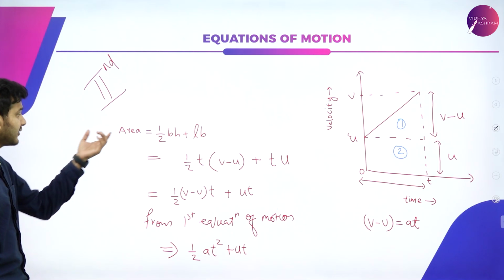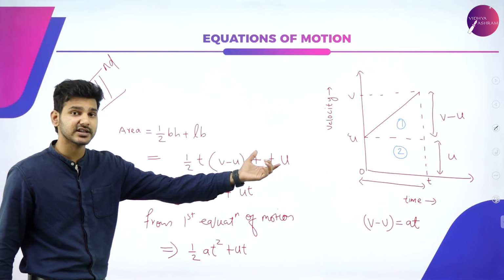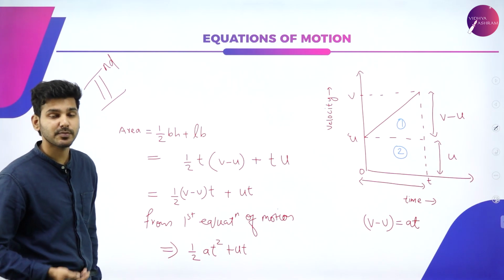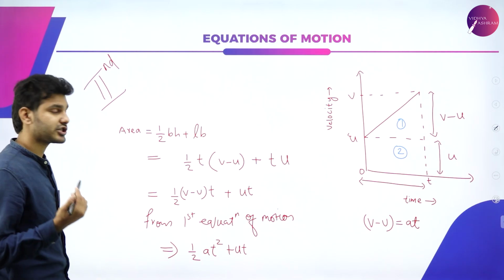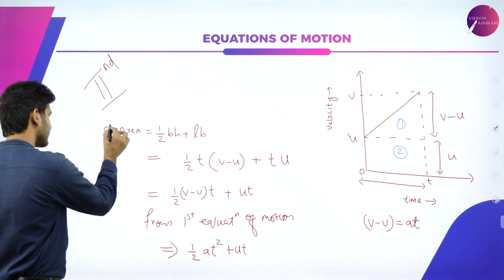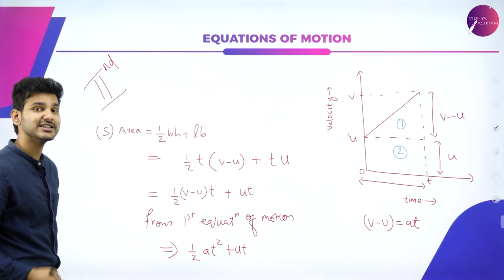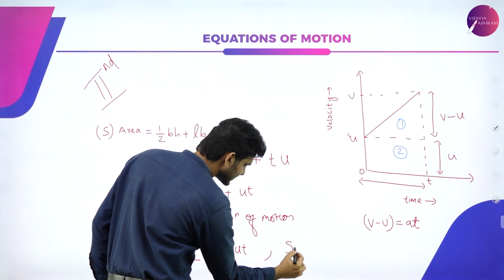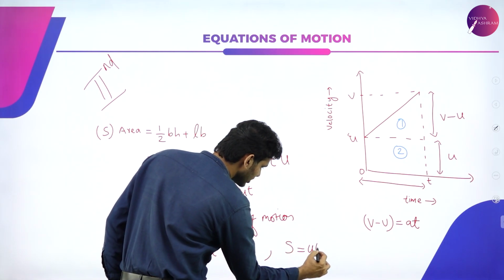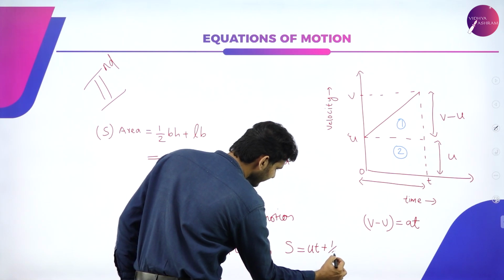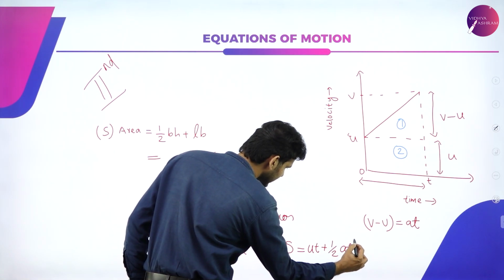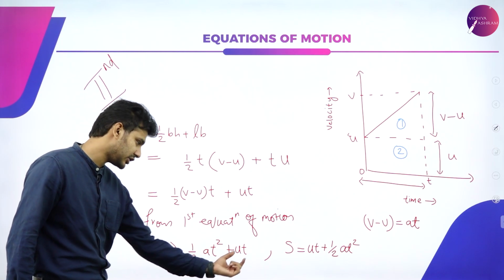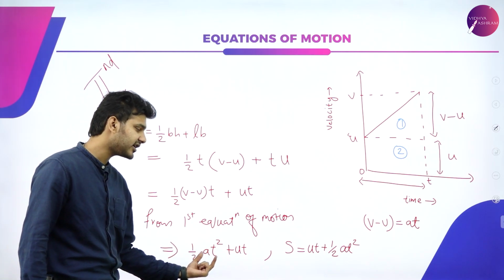The area. And what is the area under that particular graph getting? Displacement. So here I am going to indicate displacement by using the letter S. So I am going to write S is equal to ut plus half at square. I just rearranged this equation. I took ut first and half at square last.